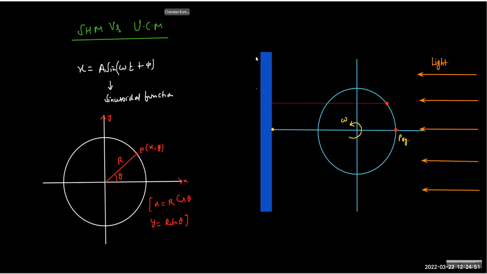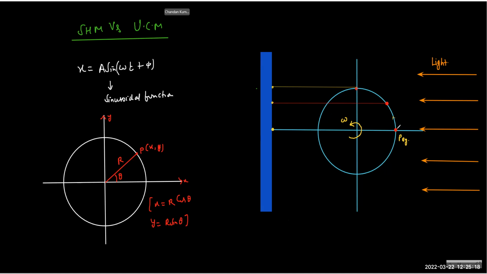So shadow has come here. As you travel this way till the extreme, the shadow will travel upward. Can we go beyond this? No, unless your object is bigger.